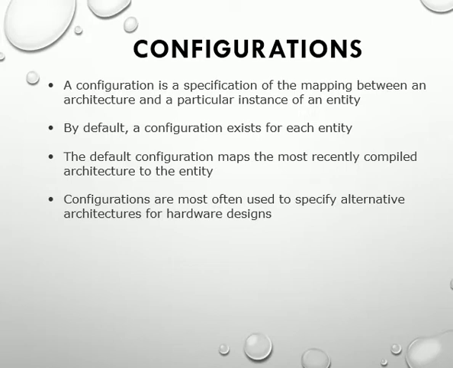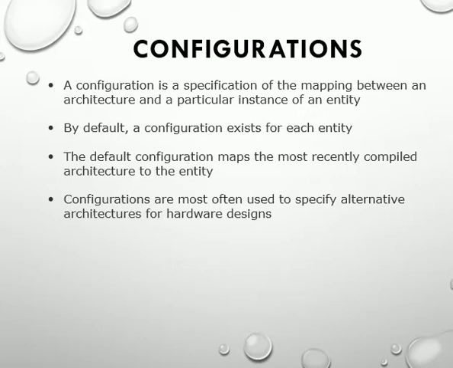A designer may use any one of those architectures, but the entity that we are writing is the same for all these architectures. So whenever we are compiling an architecture, the configuration will map to that recently compiled architecture, okay.